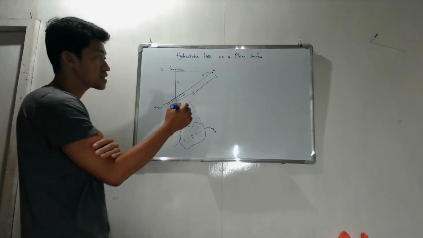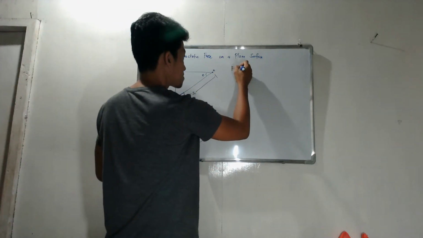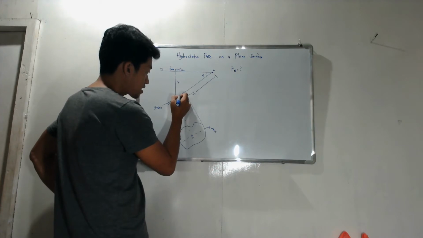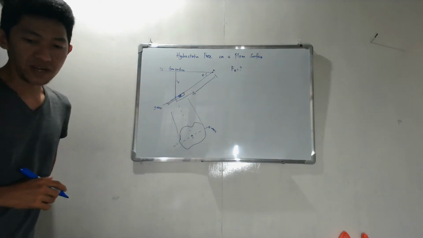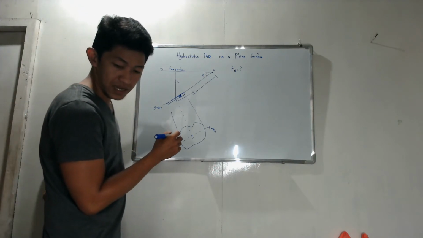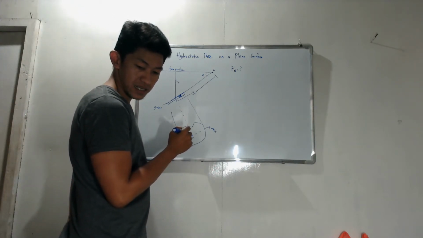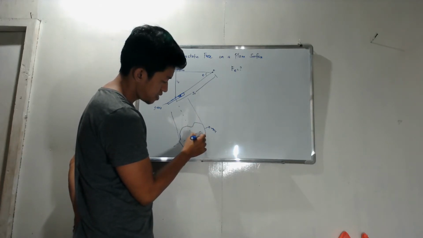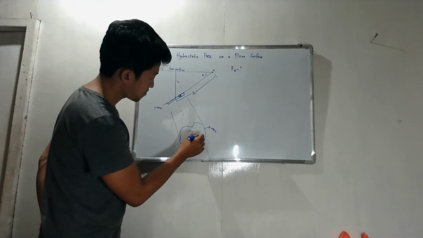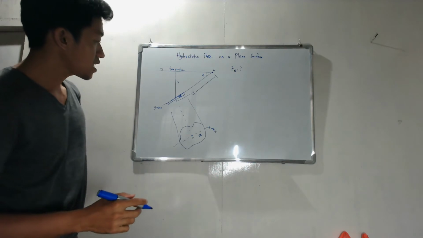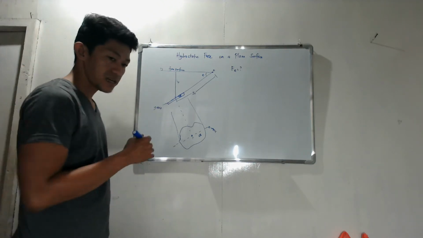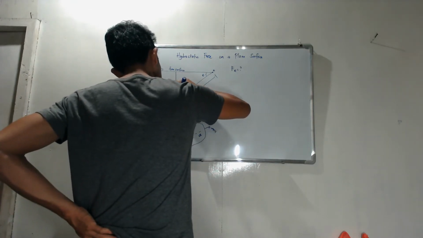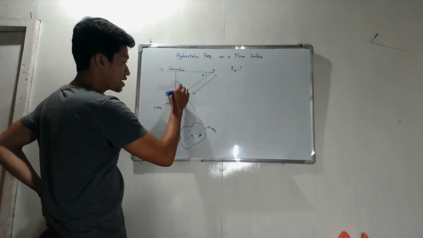So how do you determine the resultant force? We take a small strip, a small area. On this small area, there is a force acting perpendicular to it, denoted by dF.